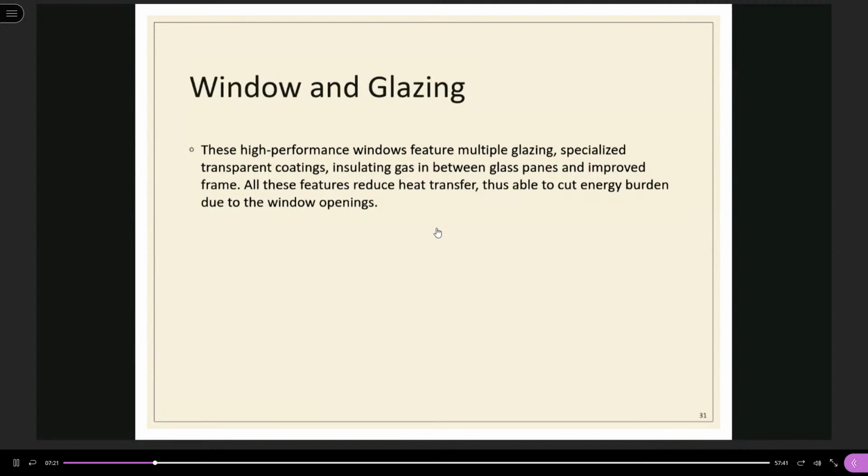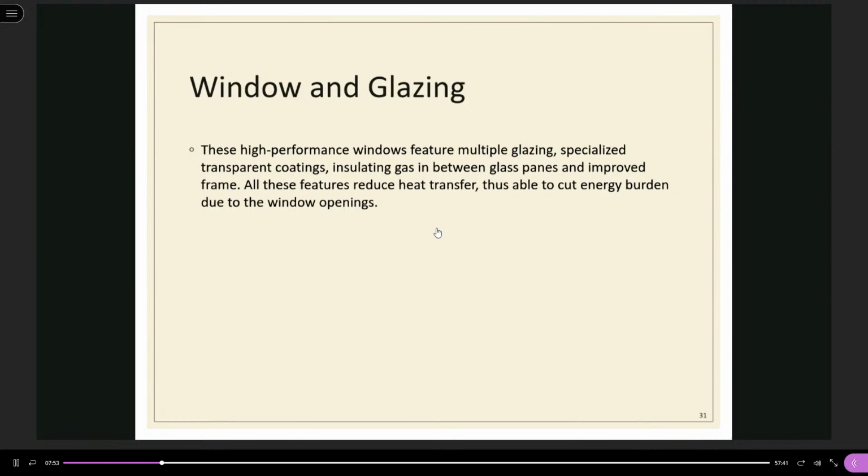Multiple glazing: we may have double glazing or even triple, so it provides extra heat insulation. Specialized transparent coatings: this coating is able to reflect or filter the unwanted wavelengths or the unwanted spectrum. Daylight consists of a continuous spectrum.